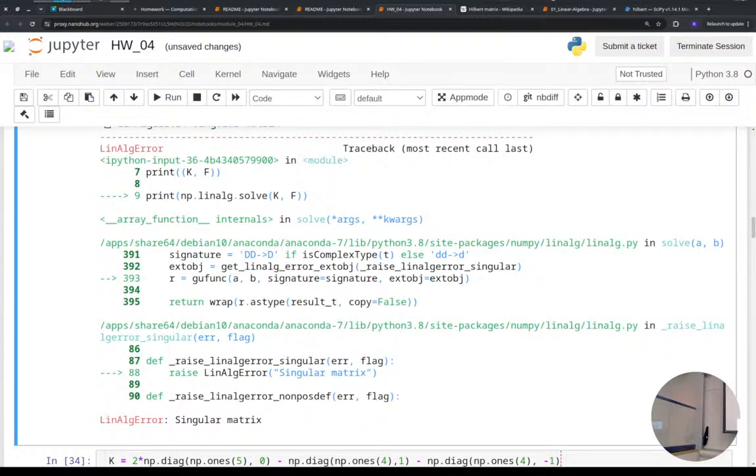And it's showing you, all right, this is the function that raises that error. And then going up one more, in that solve AB, it's hitting it right here, at the GU func AB signature. And then finally it shows you at the top what you actually inputted. And sometimes the trace goes through a few more functions depending on how deep you get into the matrix. So it is helpful if you're trying to debug.